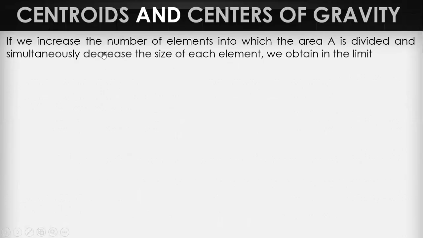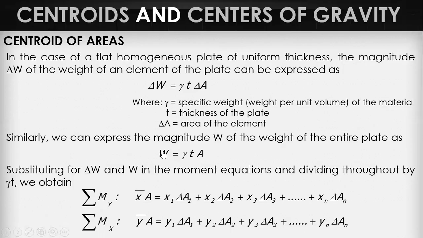And again, if we increase the number of elements into which the area A is divided and simultaneously decrease the size of each element, we obtain in the limit this one. Bali, supposed to be W, ba? W. So, this one. If W is replaced by gamma T times A, okay?